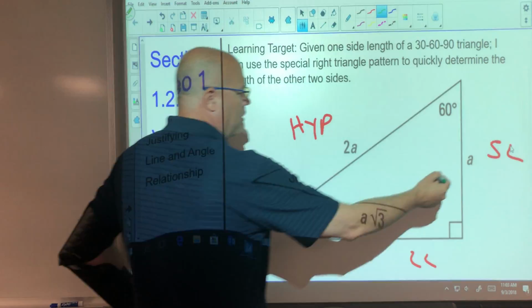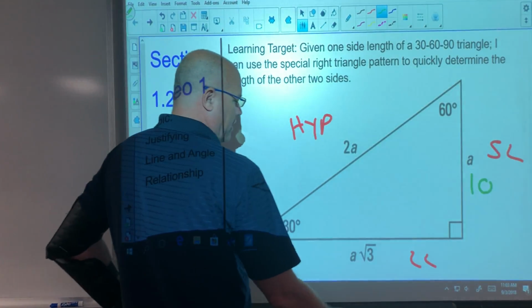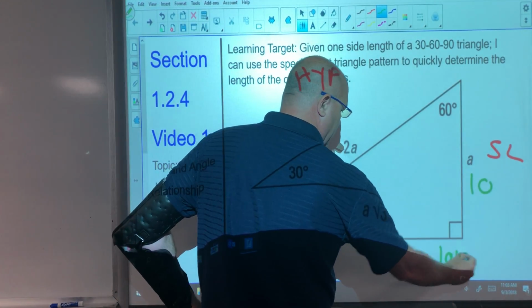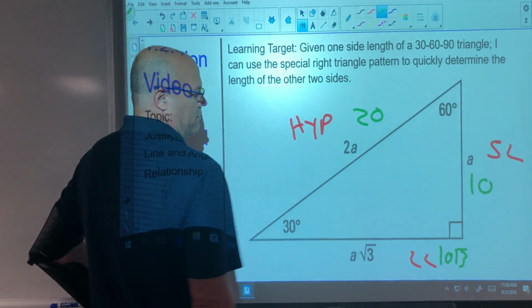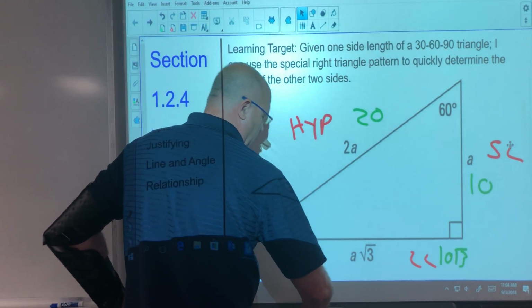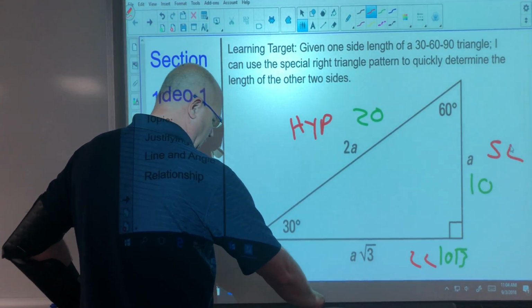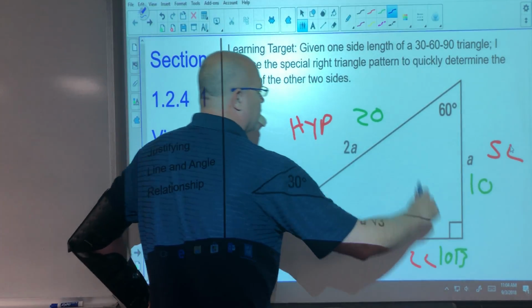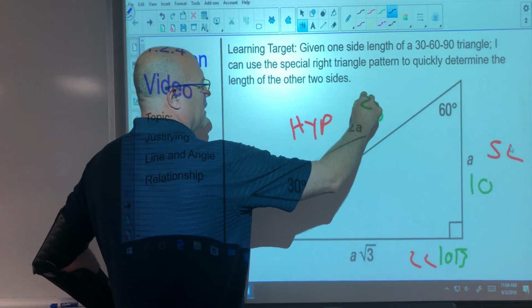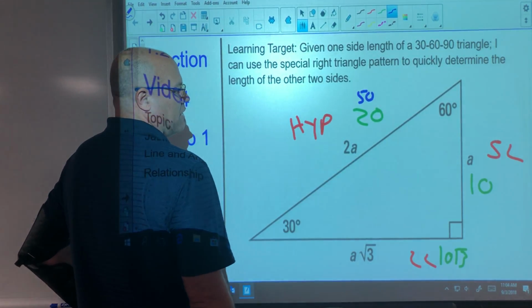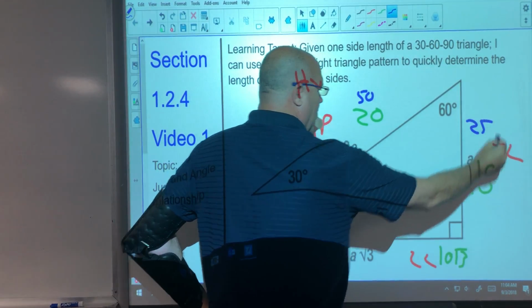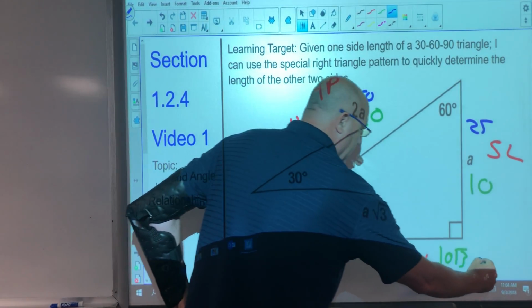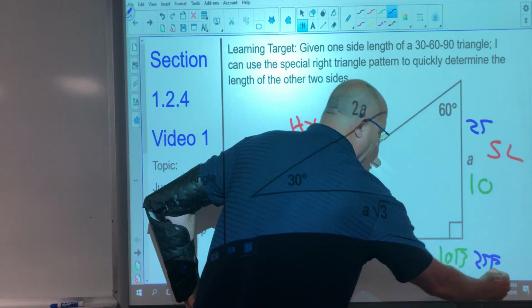So for example, if this is 10, then we know that this is going to be 10 square roots of 3, and this side would be 20. Okay, if I started with a different number, let's use blue here. Let's say this side is 50, then we know the short leg's half of 50. 50 divided by 2 is 25, and then this would be 25 square roots of 3.